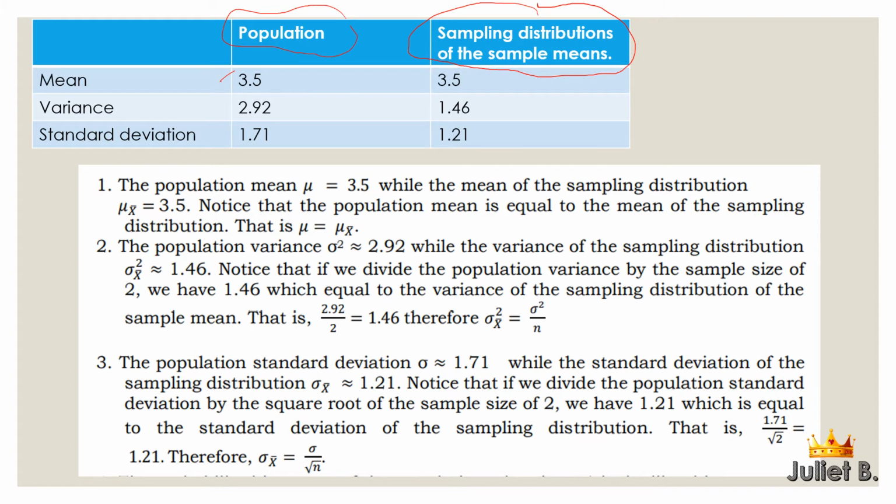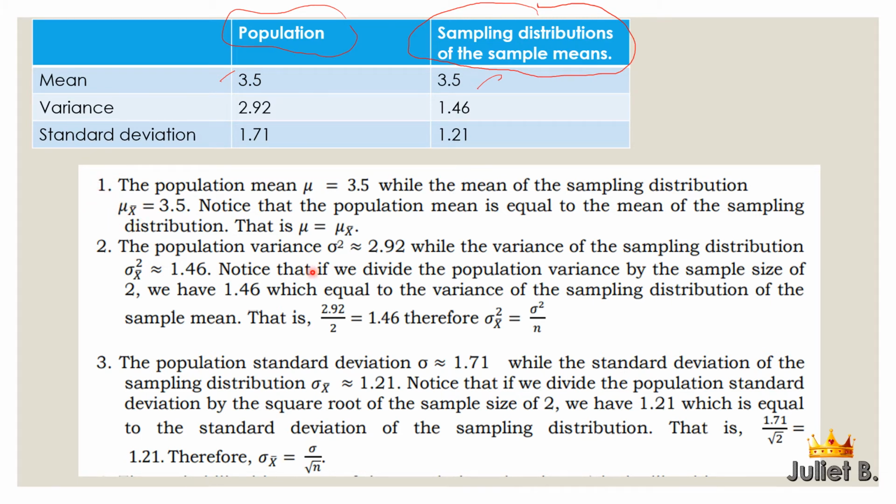Tapos ang sampling distribution din 3.5. Take note, the population mean is equal to 3.5 while the mean of the sampling distribution is also 3.5. Notice that the population mean is equal to the mean of the sampling distribution. Yan ay nakapaloob sa property ng sampling distribution of the sample means.